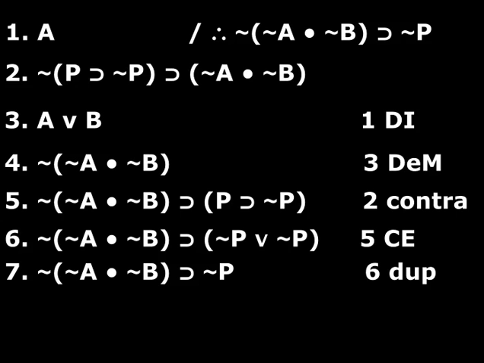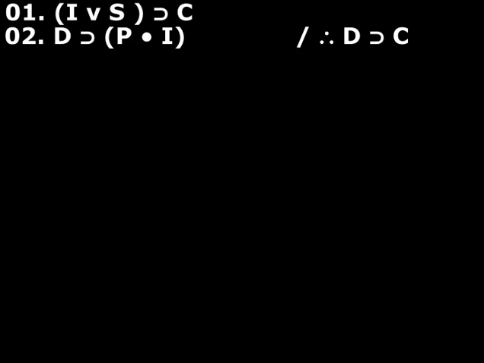Okay, let's do one more example. Now, if you look at this for a minute, if you've been doing a lot of proofs, you follow what's been going on so far fairly well. You should be able to see that this proof is valid just by looking at it and see why it's valid.